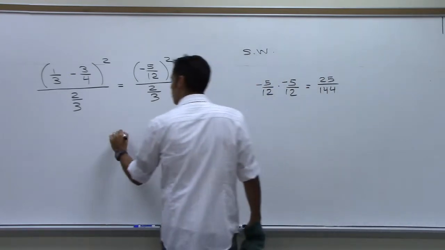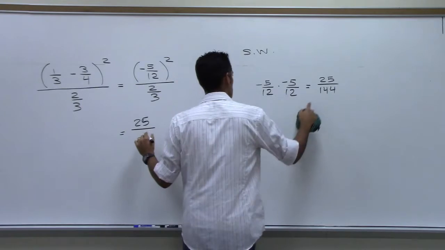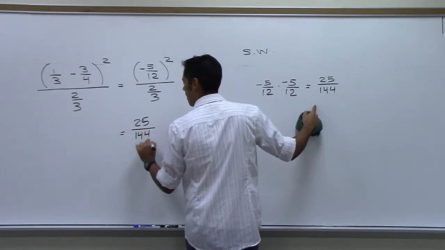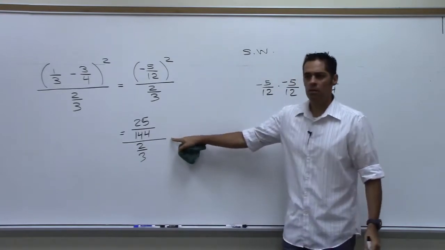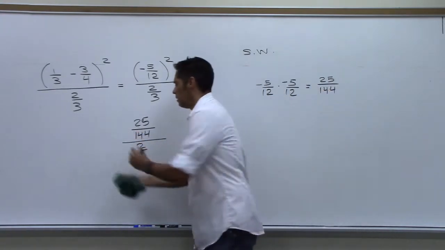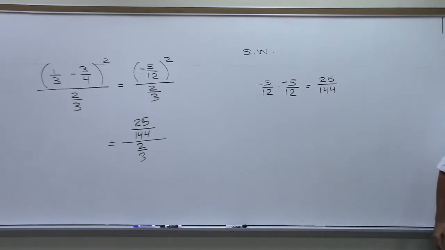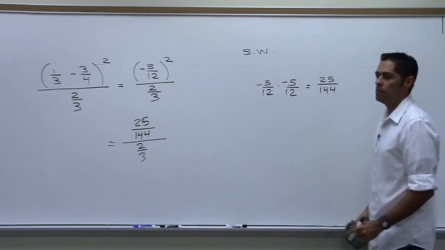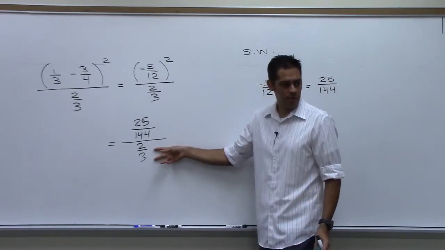So now we have 25 over 144 over 2/3. And notice I made that division bar a little longer, just so everyone's clear on what happens now. So division, taking a fraction dividing, is the same as multiplying by the reciprocal.